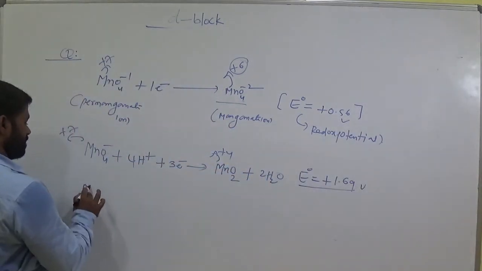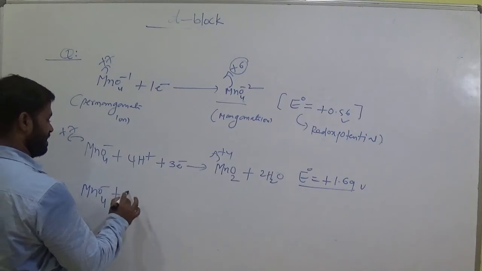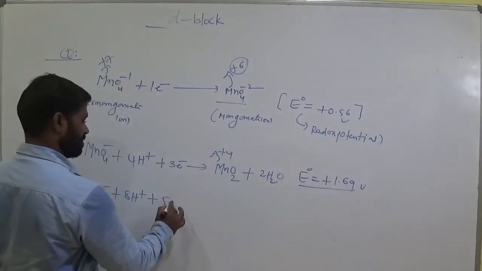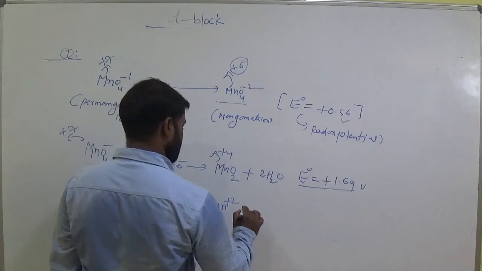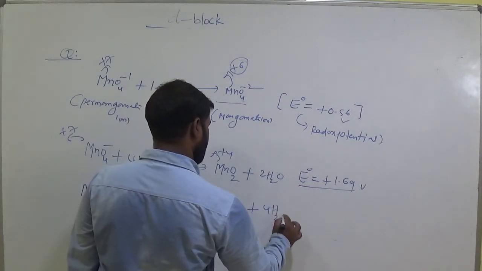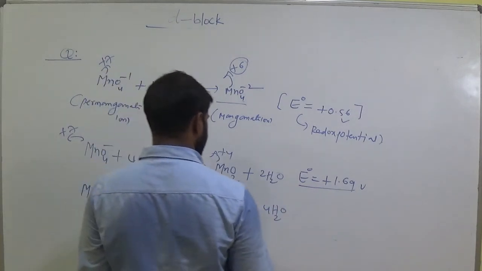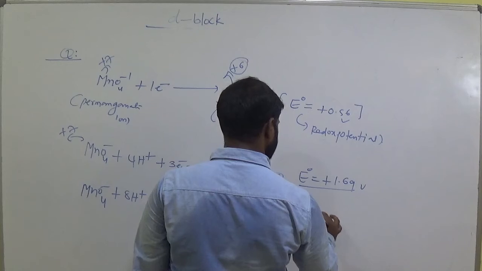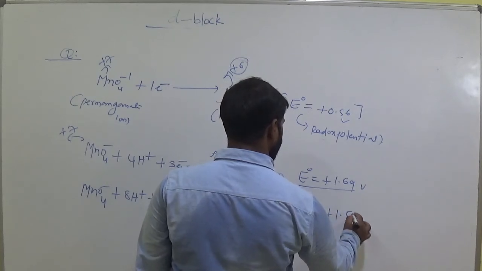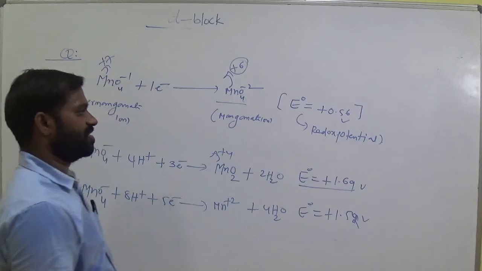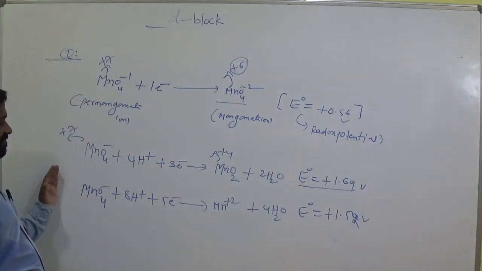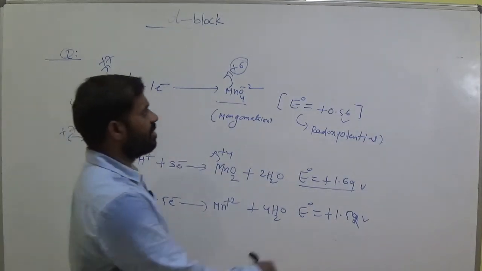And what about this MnO4 minus? It gives rise to Mn 2 plus and 4H2O, where E naught is equal to plus 1.52 volt. These are redox potential values. Okay, keep these equations and let's see.